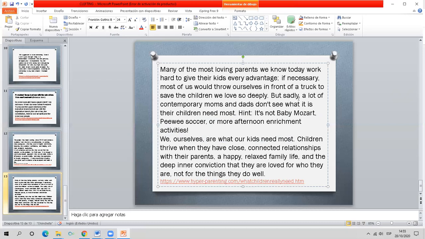Here, sadly, a lot of contemporary moms and dads don't see what it is their children need most. Can you see that the unmarked version would be many moms and dads don't see what their children need most. You're adding this, what it is their children need most, you see, for emphasis.